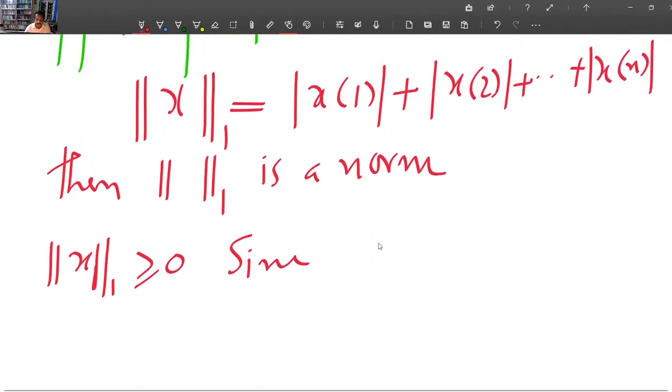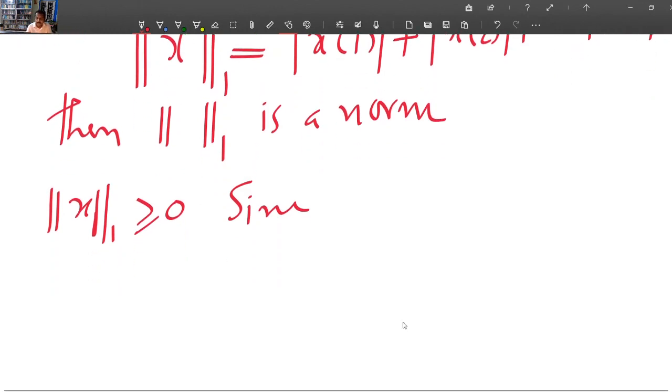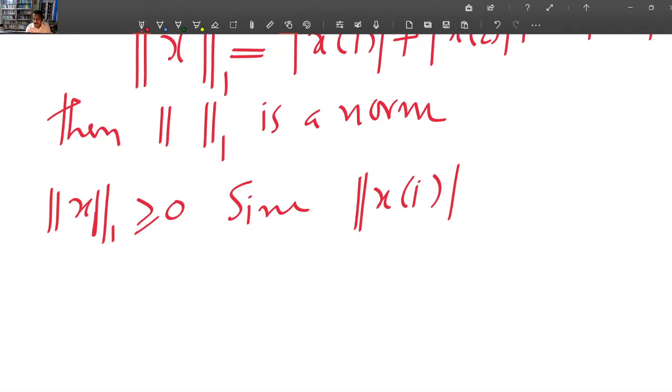So for i equal to 1, 2, etc., n, you can see that the 1 norm of x is always greater than or equal to 0.